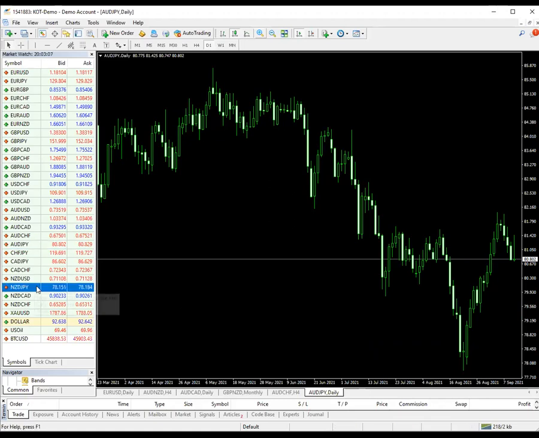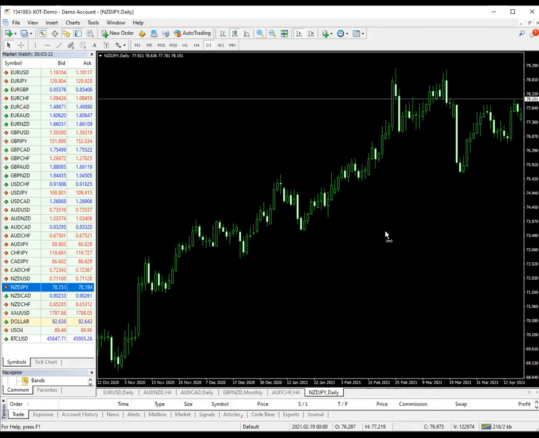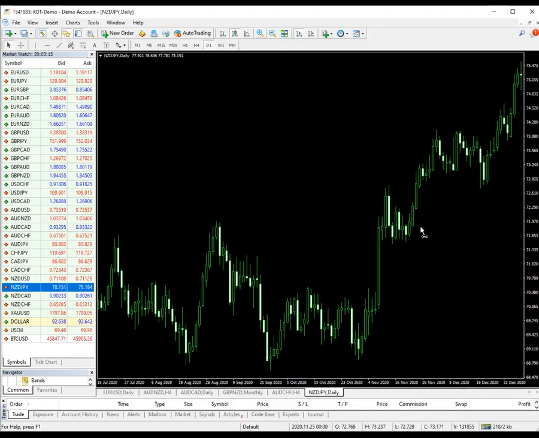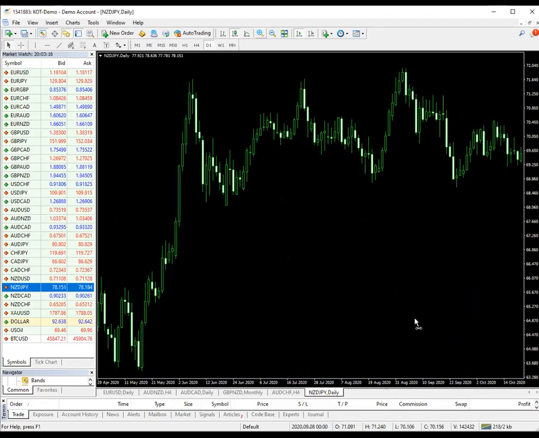Maybe let me pick one more pair. Let me pick this one and see if I can see any of them. Okay, am I seeing something? It looks like one is here. Anyway, this is a spinning top here. Look at the spinning top here.